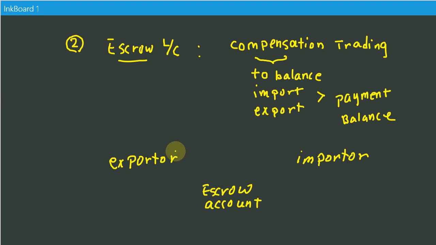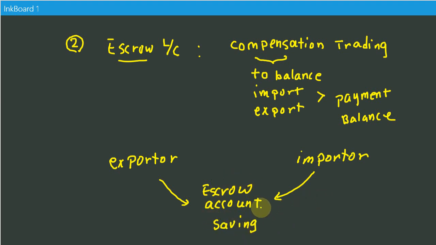Once the exporting happens, the payment goes here, and contrarily, payment goes here. Then the exporter can be an importer and the importer can be an exporter, meaning that both export their materials and save their payment at the escrow account, and this money cannot be drawn back.